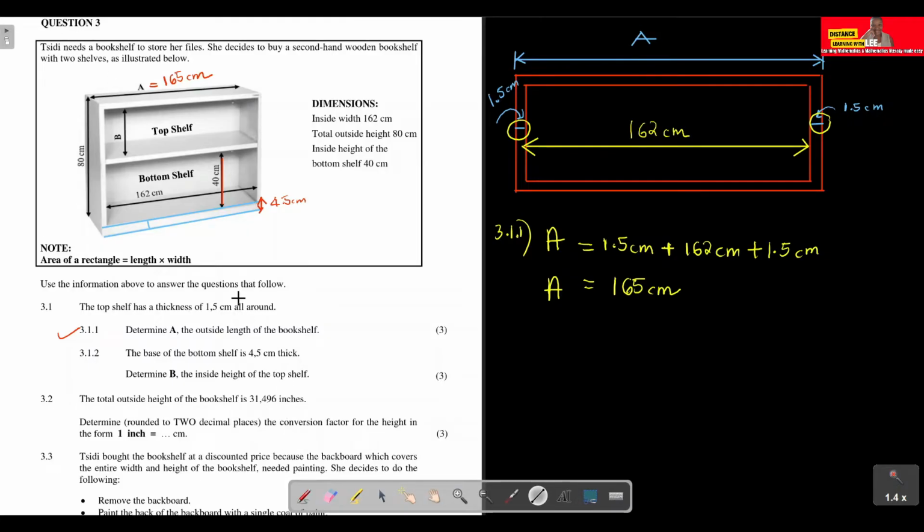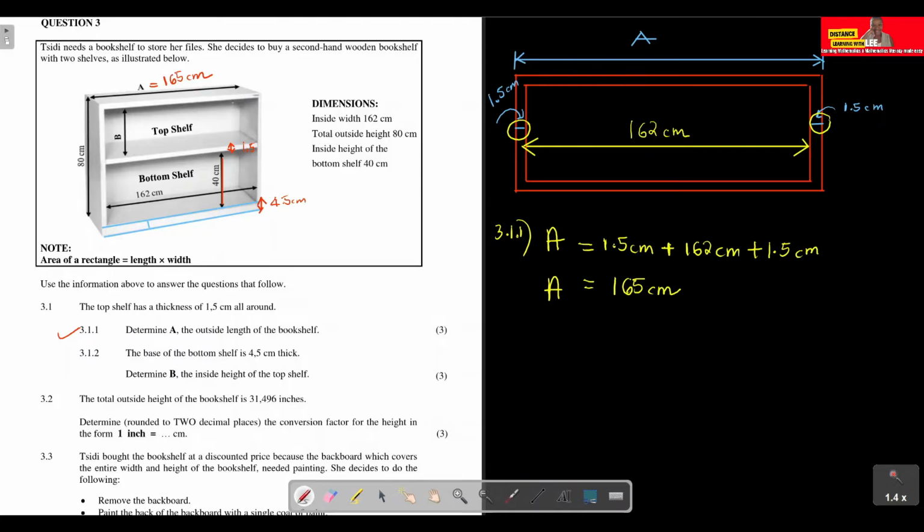Then we were told that the thickness for your top shelf is 1.5 centimeters all around, so we need to take that into consideration as well. It's not 4.5, it's 1.5.